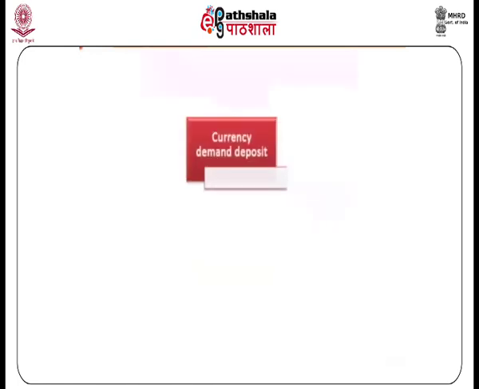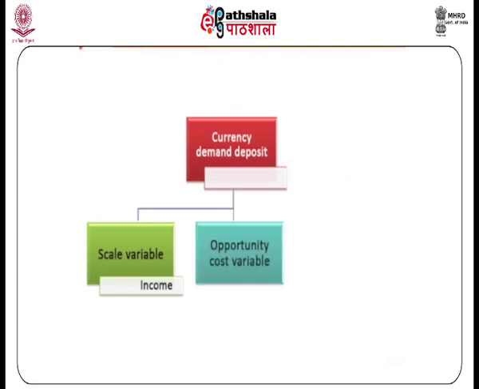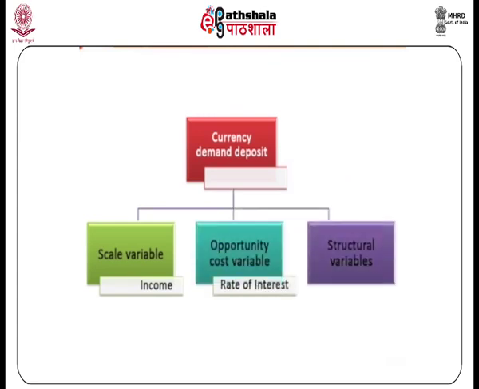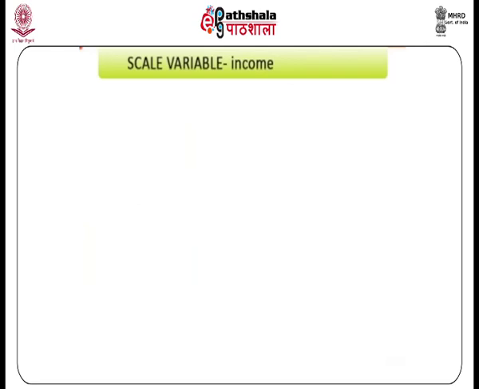Currency demand-deposit ratio could be divided into the scale variable income, the opportunity cost variable rate of interest, and structural variables, spread of banking facilities, black money. Scale variable income. The growth of income in a growing economy is primarily associated with monetization.